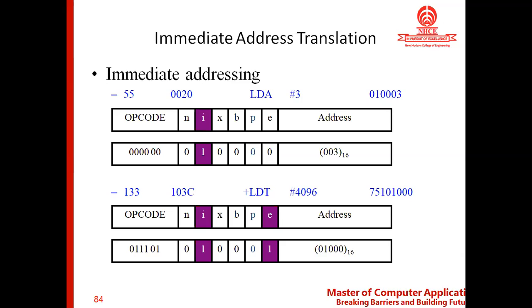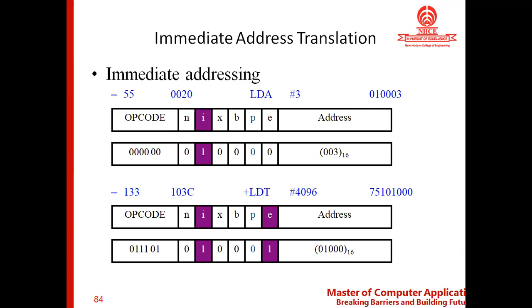Now consider the first case in line number 55, LDA #3. For LDA, the opcode value is 00, so in the opcode field you can see 0000 and 00. One thing to notice when you represent N and I: even though it is format 3, since we use the hash symbol, it follows immediate addressing.